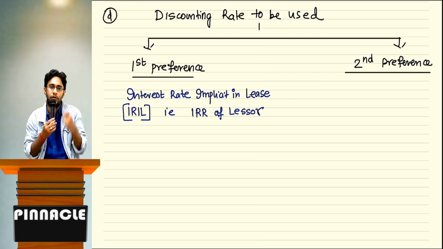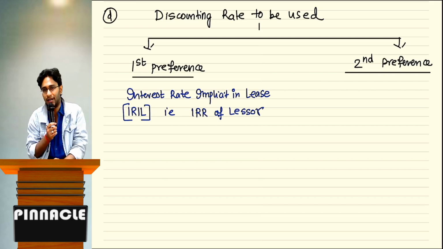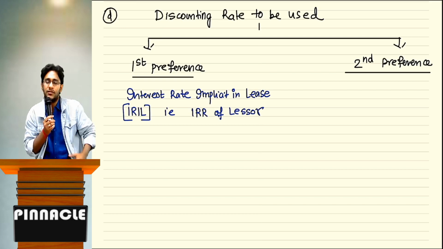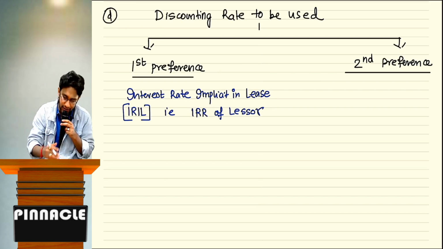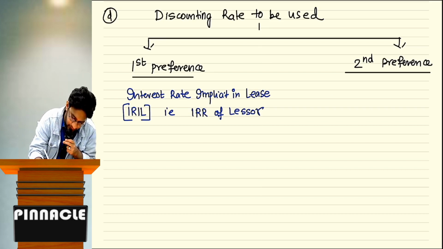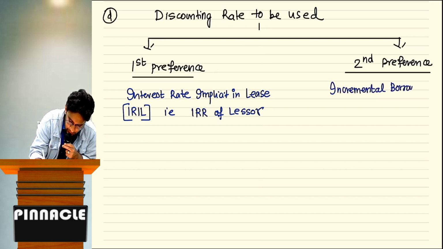With that IRR you have to discount your lease payments. Sir, lessor's IRR, how will I know, sir? You will know, I will tell you. But in some cases, if you do not know, then you can't apply first preference, you'll go to second preference. Second preference is incremental borrowing rate of lessee.